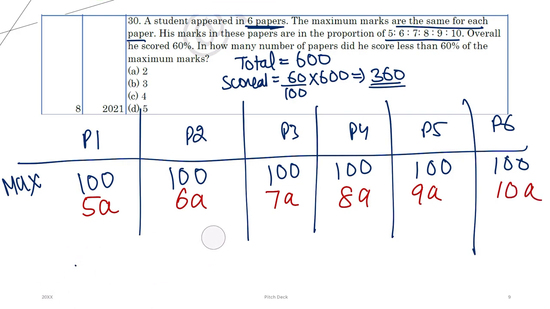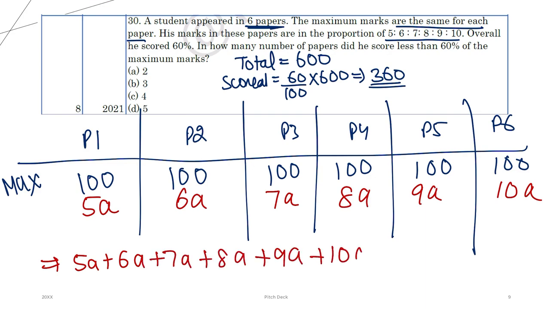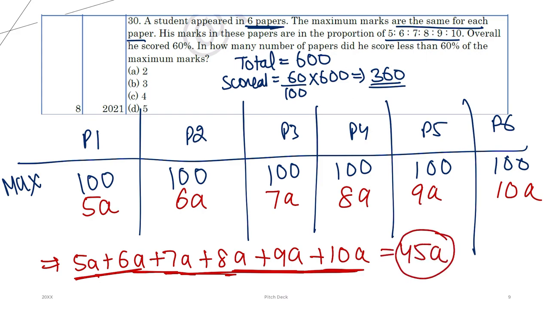This is the marks scored by him in 6 papers. What is the total of this? 5A plus 6A plus 7A plus 8A plus 9A plus 10A. What is the total? 6 plus 5, 11, plus 7, 18, 18 plus 8, 26, 26 plus 9, that is 35, plus 10, that is 45. So the marks scored by him is 45A.